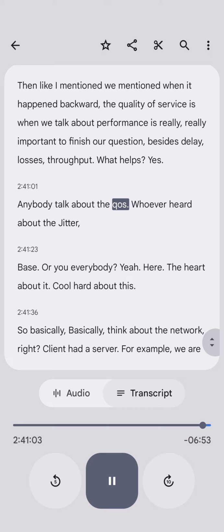Anybody talk about QoS? Whoever heard about jitter? You heard about it. Who heard about it? Nobody?